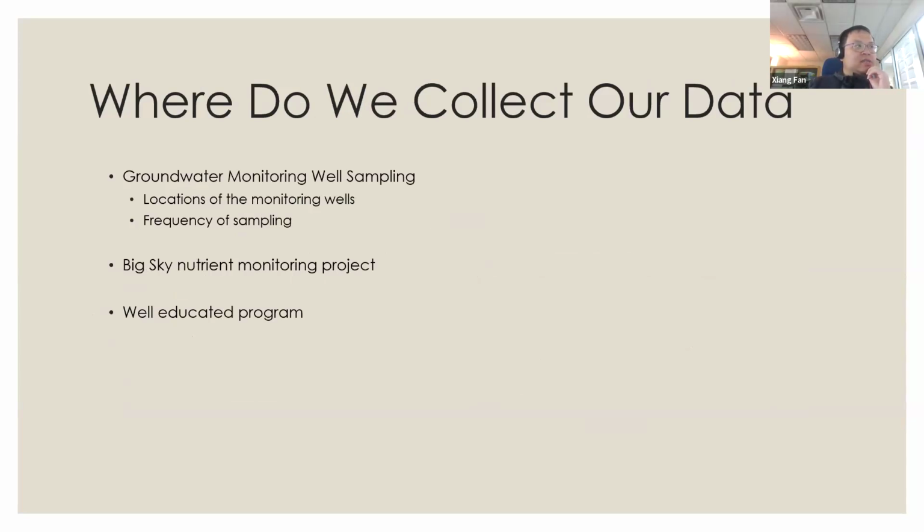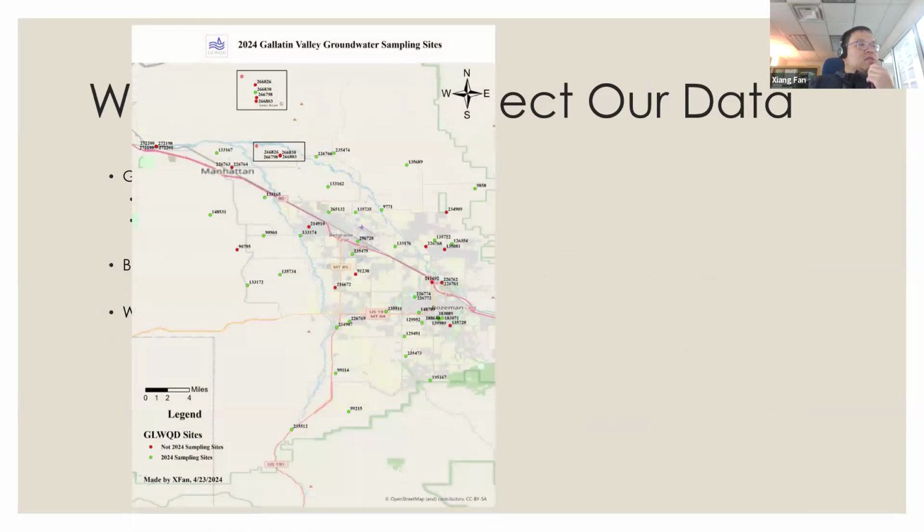Basically, we have three sources. The first one is our groundwater monitoring well samplings. This is an overall view map of all 53 active wells in year 2024.